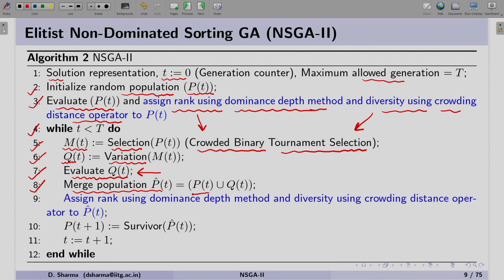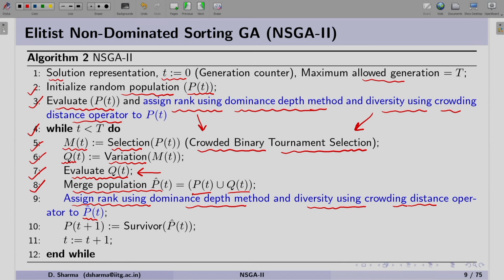The parent population and the offspring population, both the populations are merged. And thereafter, the rank is assigned using the dominance depth method, and diversity is assigned using the crowding distance operator on this merged population.